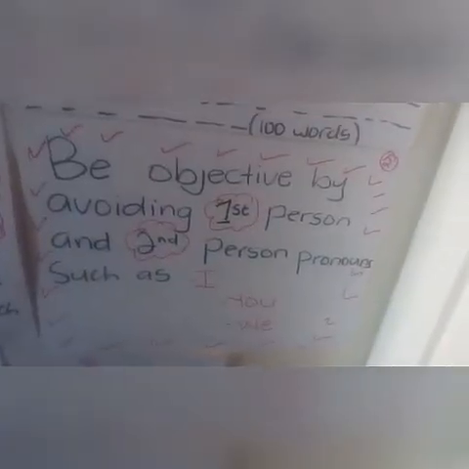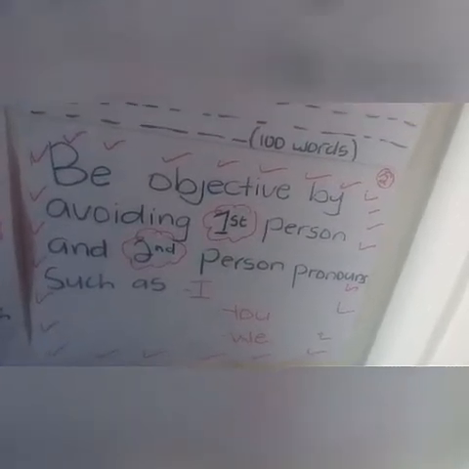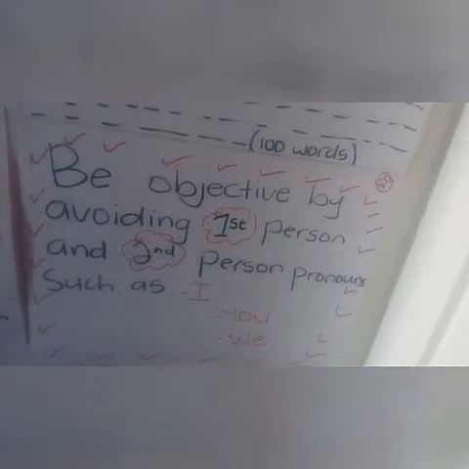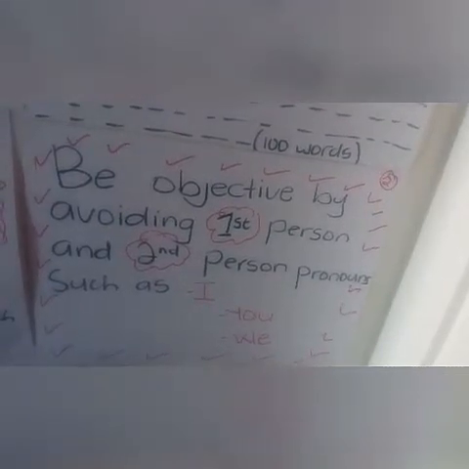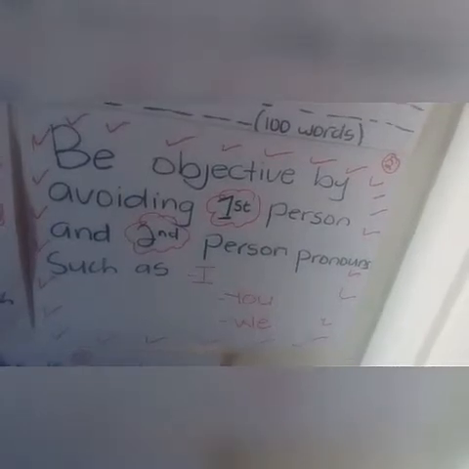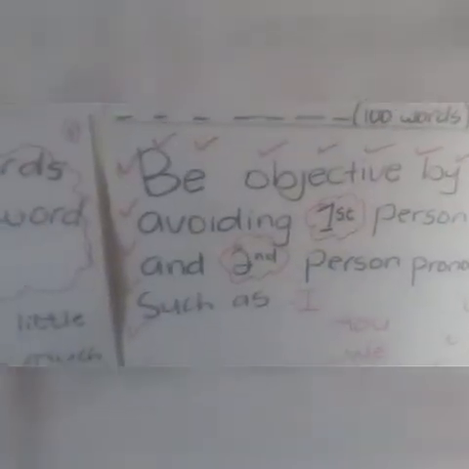When writing your summary, be objective. You have to be objective by avoiding using first person and second person pronouns such as I, you, and we. You do not need to use those kinds of pronouns.